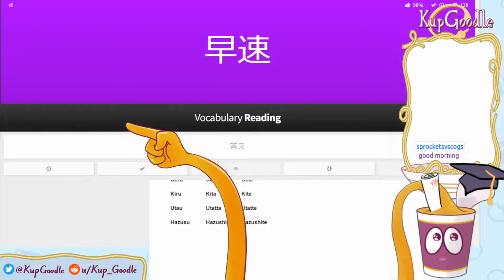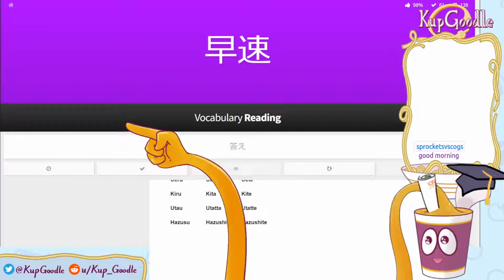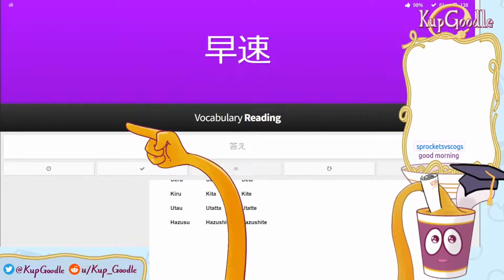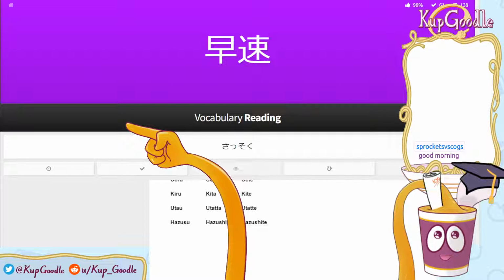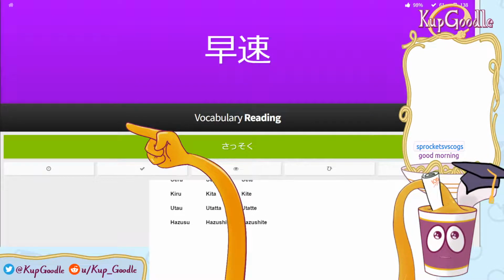Sasoku. That's that immediately. That's featured in Pokemon so far. Sasoku. I think that's there. There's that too in there. Sasoku.